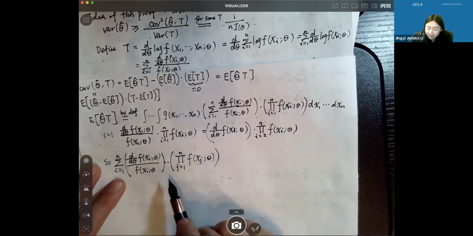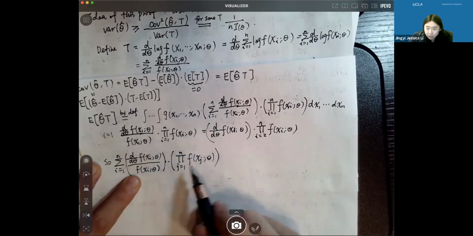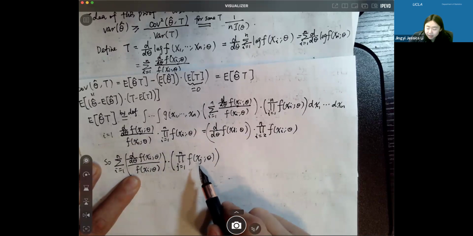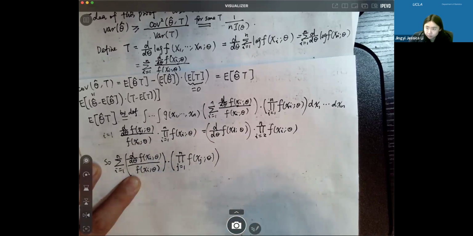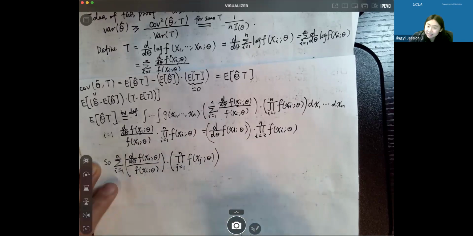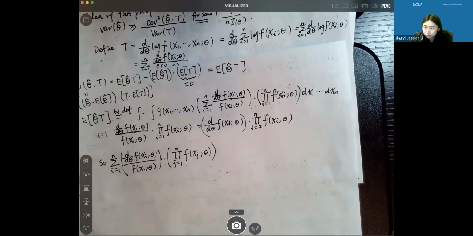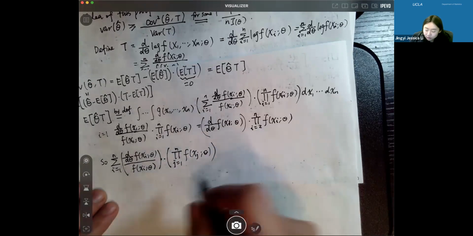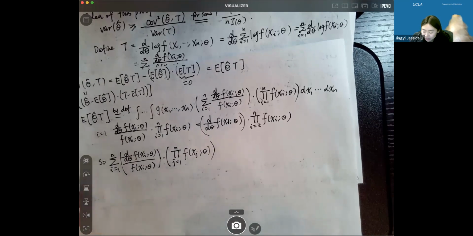Then you can see that each time the denominator is going to cancel one term in the product, but the canceled term will stay in the numerator in its derivative form. So this is exactly applying that calculus differentiation rule to a product of things. We recall that if we have a product and want to take differentiation, we take differentiation for one thing at a time.